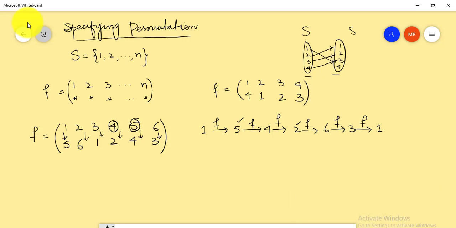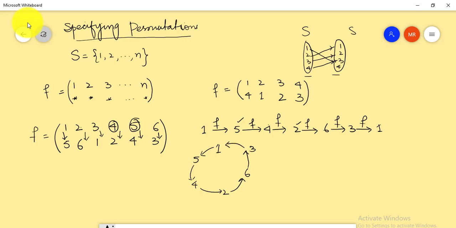Hence, this can be represented as 1 is mapped onto 5, 5 is mapped onto 4, 4 is mapped onto 2, 2 is mapped onto 6, 6 is mapped onto 3, and 3 is mapped back onto 1.